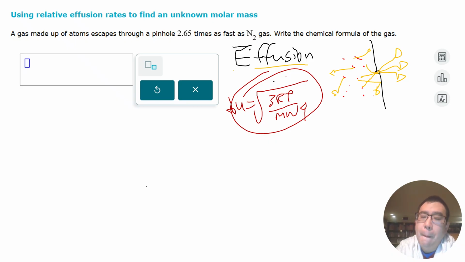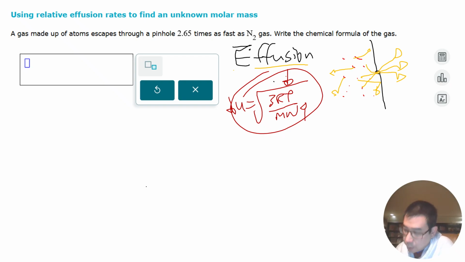And so we don't calculate rates really from nothing. We don't solve this equation, but what we do is comparisons, right?